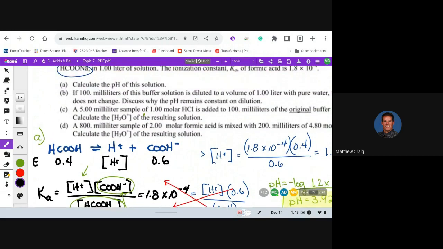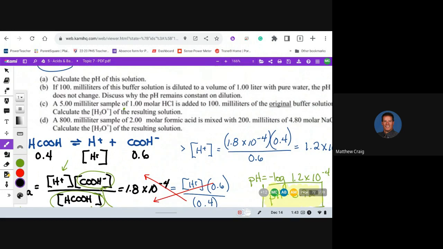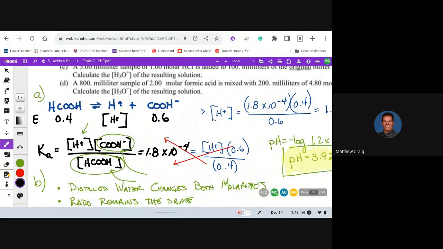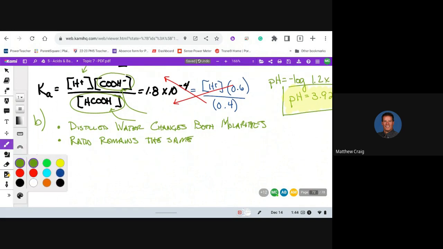C. A 5 milliliter sample of a 1 molar HCl is added to 100 milliliters of the original buffer solution. Calculate the hydrogen concentration of the resulting solution. Oh boy. Okay. So we know that our molarities are 0.4 and 0.6. Those are our molarities. So we have a couple things here.